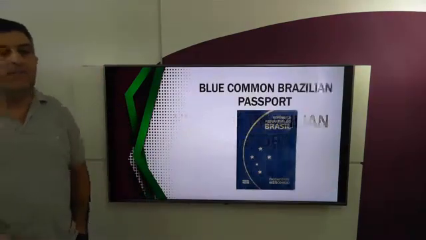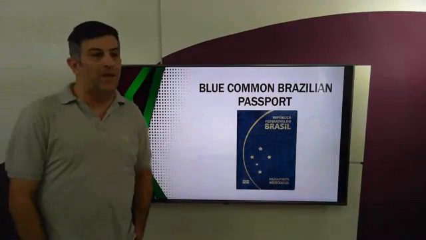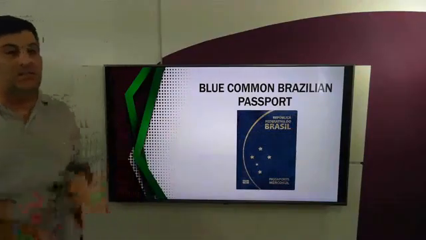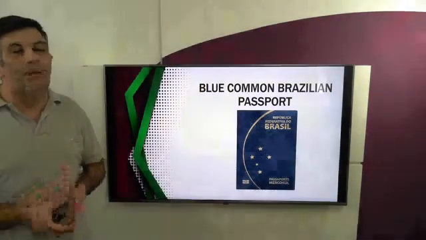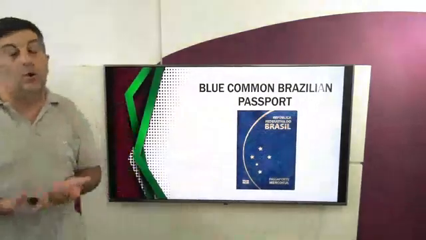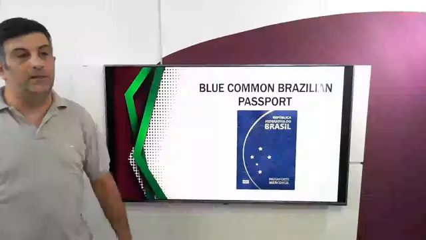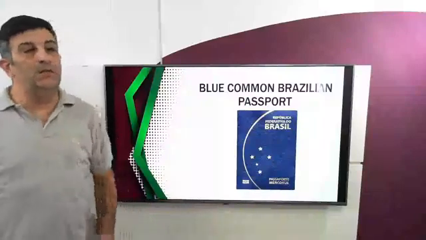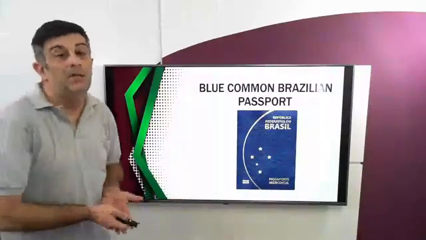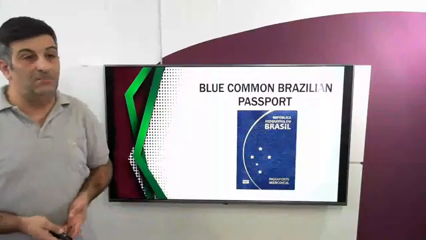So we have different kinds of Brazilian passport. The blue one is the common passport. It's the passport all Brazilian citizens can use. It's the blue one, okay? The blue one is the most common passport in Brazil.